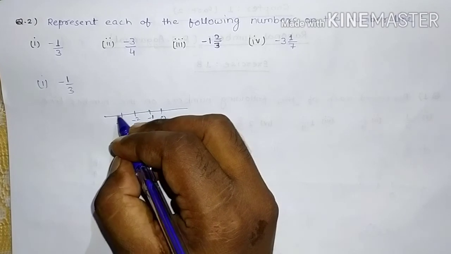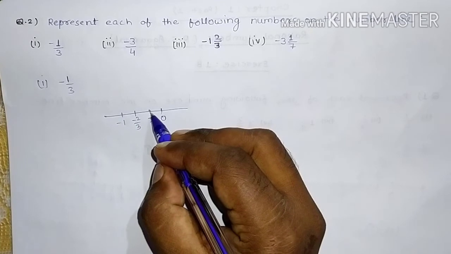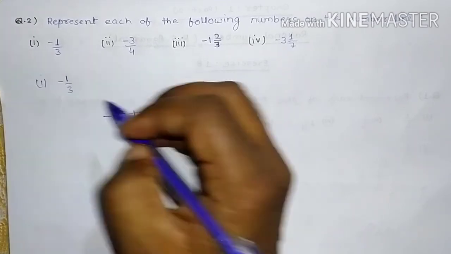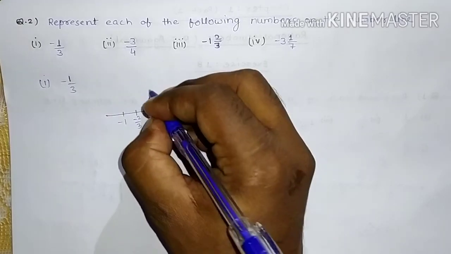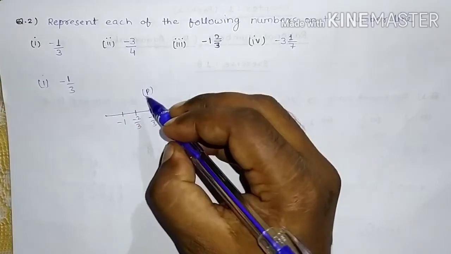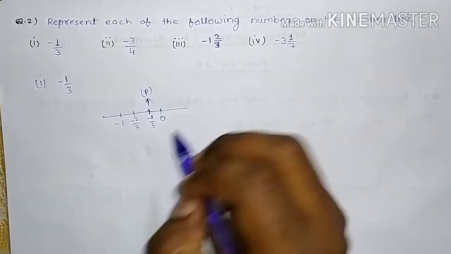So 3 cancels out, and that becomes -1. So we have to represent -1 by 3, so this is -1 by 3. Let's suppose this point is point P, and P shows -1 by 3. Now it is very simple.